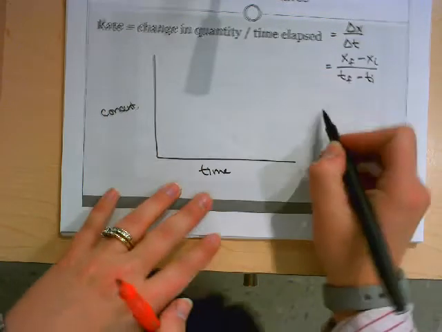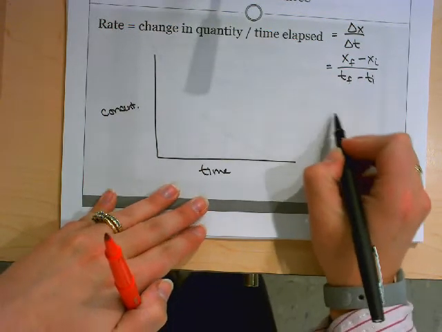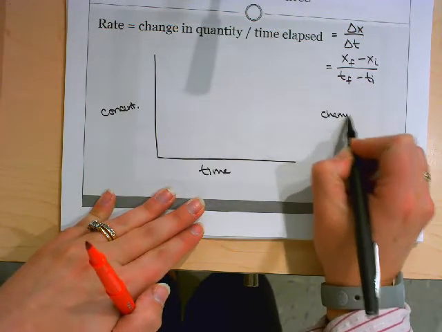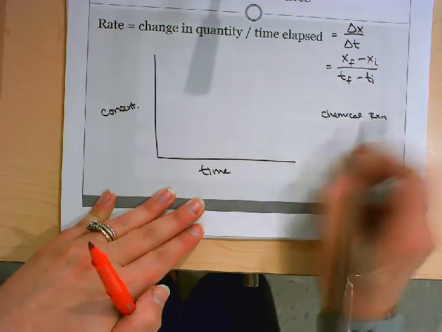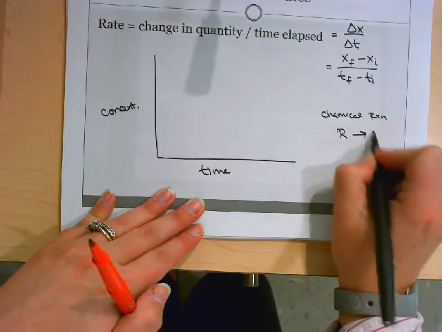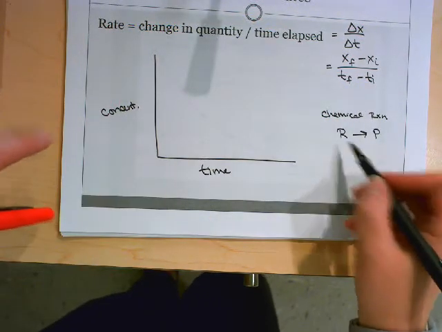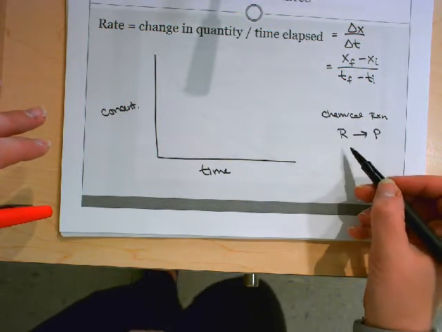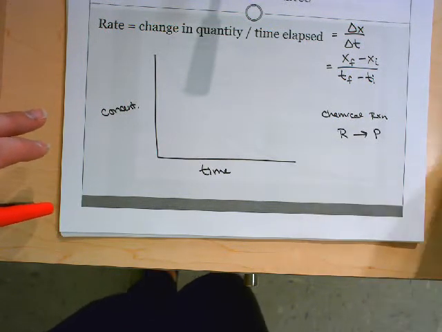So let's say I am looking at a chemical reaction, a very tricky reaction. Reactant going to product. Whatever you imagine, one thing turning into the other thing.